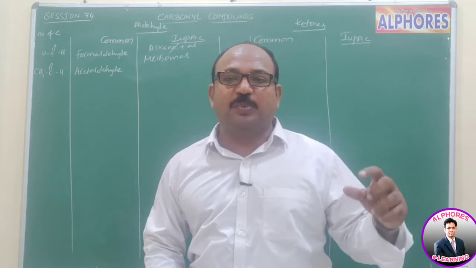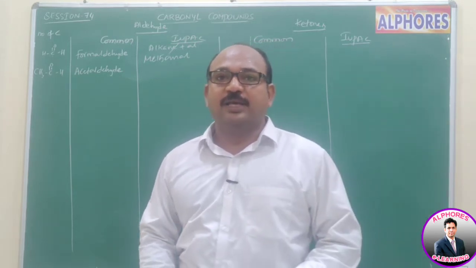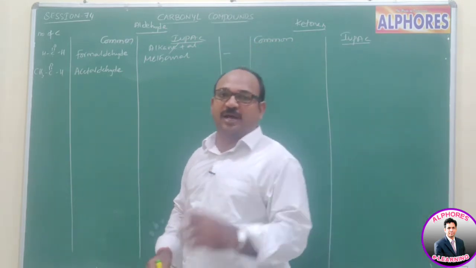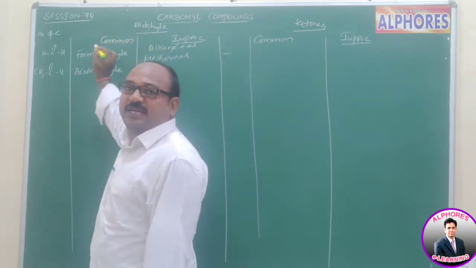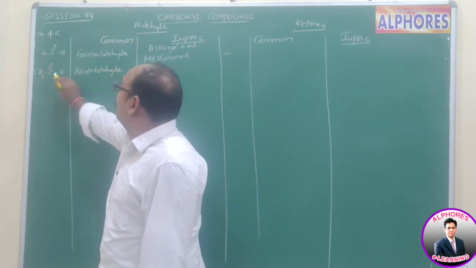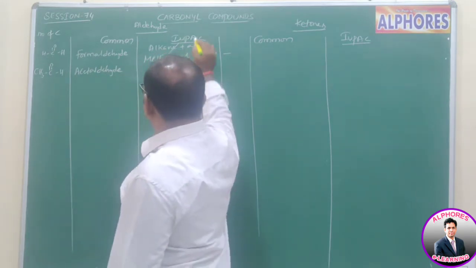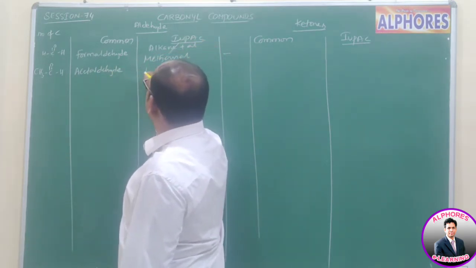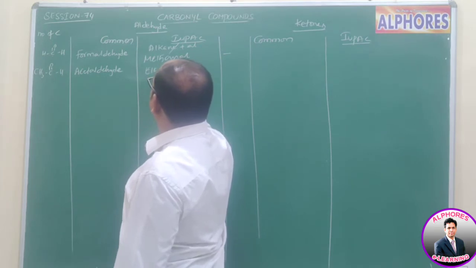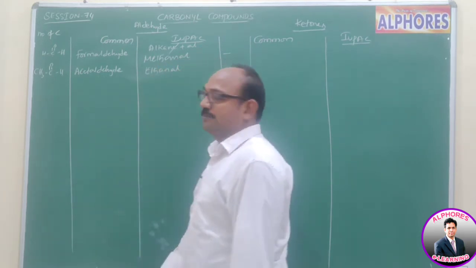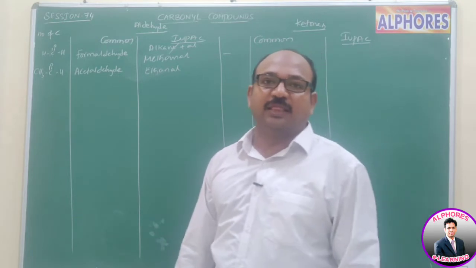Because it is obtained from acetum, meaning vinegar. So acetic acid exists in vinegar, hence acetic acid. The IUPAC name for two carbons is eth plus ane plus al, ethanal. Two carbons containing aldehyde, ethanal.